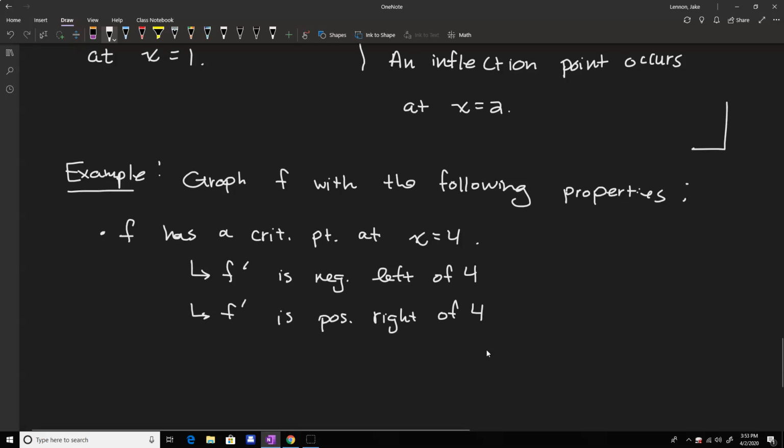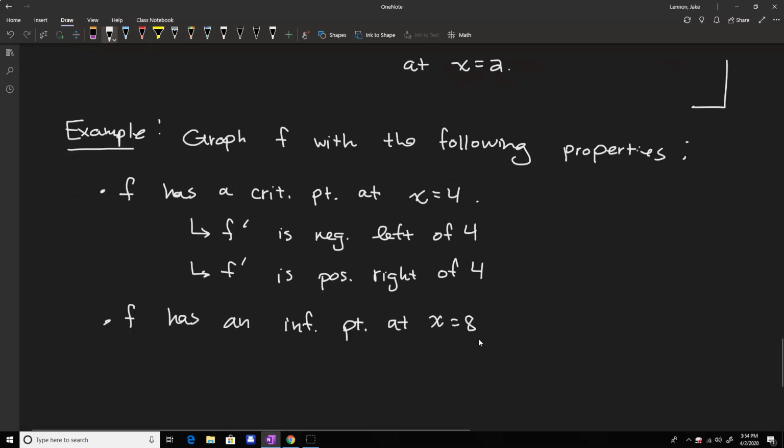And then let's suppose f has an inflection point at 8, and now we are given some information about the second derivative. F double prime is positive left of 8, and f double prime is negative right of 8.